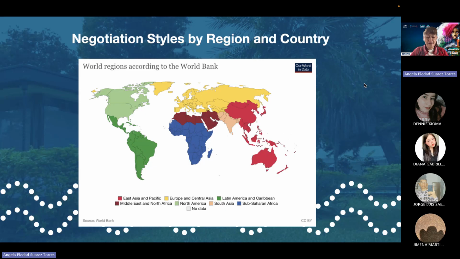The United Kingdom has a very moderate style in negotiations. They balance between assertiveness and politeness. They're very polite. And there are less frequent interruptions, and they prefer clear communication, very straightforward and very polite. For English people, politeness is very important.